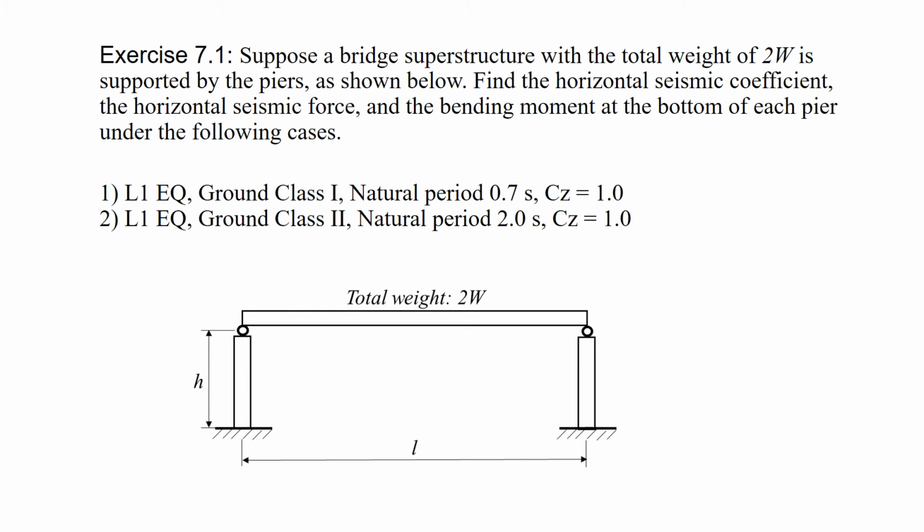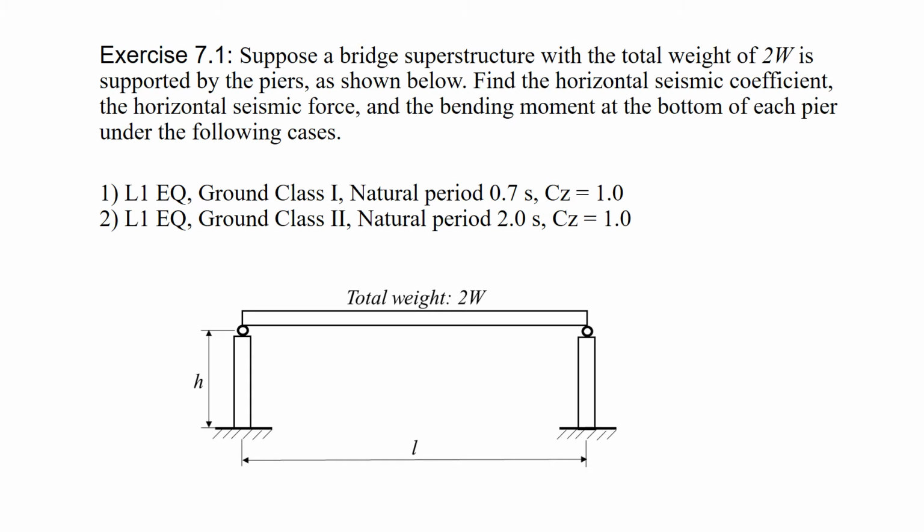Exercise 7.1. Suppose a bridge superstructure with a total weight of 2W is supported by the piers, as shown below. Find the horizontal seismic coefficient, the horizontal seismic force, and the bending moment at the bottom of each pier under the following cases. 1.